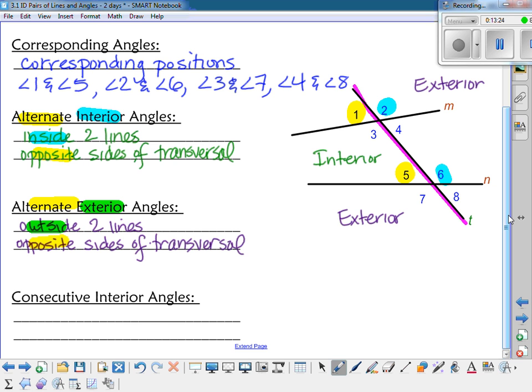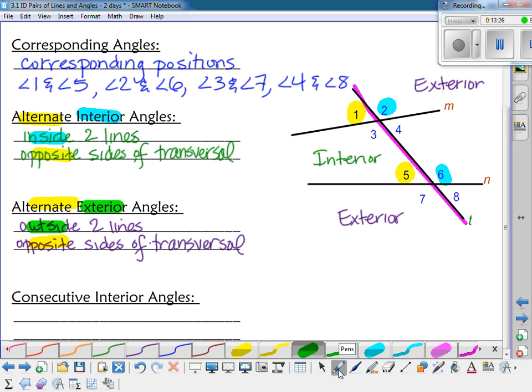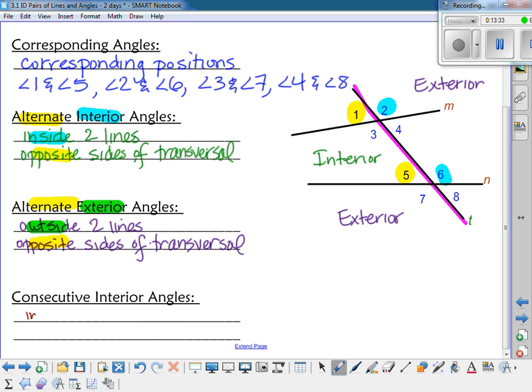And the last type of special angle pairs we have is the consecutive interior angles. They are interior, so they are inside the two lines. But they're consecutive, which means they are on the same side of the transversal.